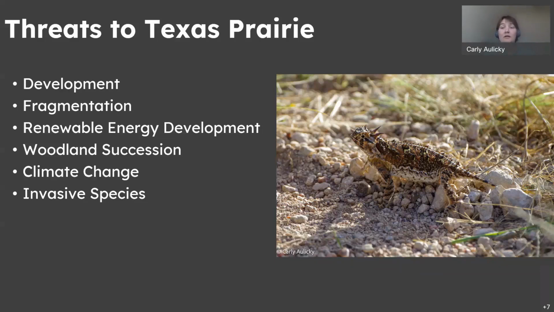So that's going to be a massive issue, especially when you consider it in conjunction with climate change. Climate change is expected to increase the amount of woody encroachment and woody pressure on our prairies already, among other things that it's going to do, including changes in precipitation patterns and increased temperatures. And an ever-present and ever-increasing problem is invasive species, which, as you can imagine, goes hand in hand a lot with development and fragmentation as well.